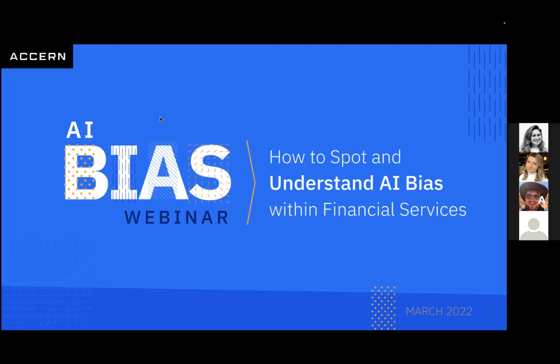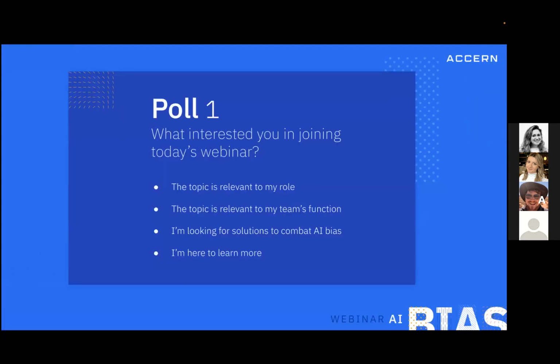To start, we would like to present two poll questions to help us better understand our audience today. So our first poll question is, what interested you in joining today's webinar? Give everyone about 30 seconds to answer.